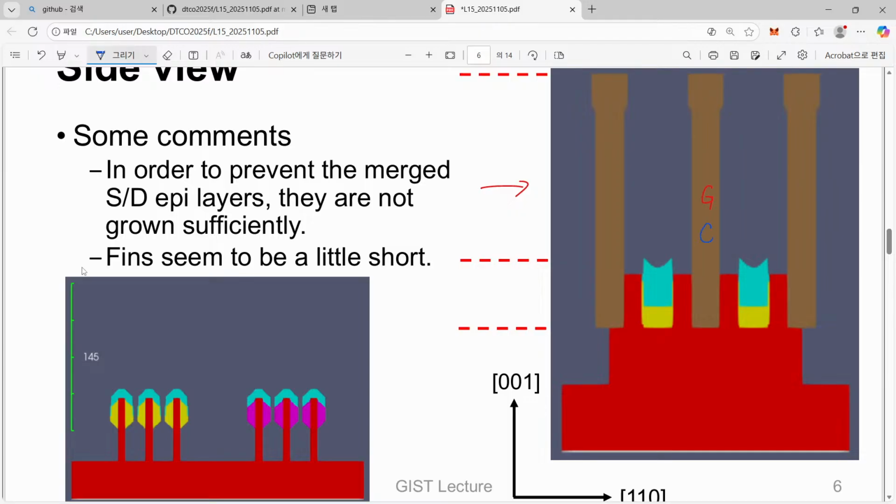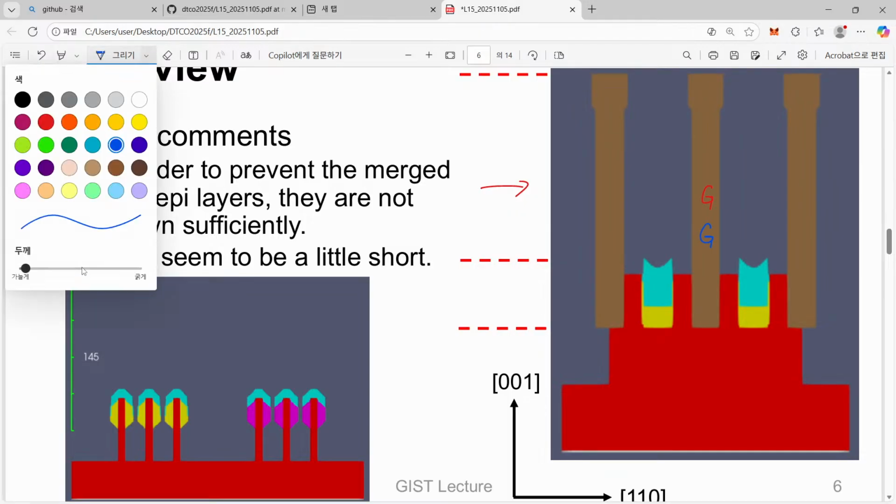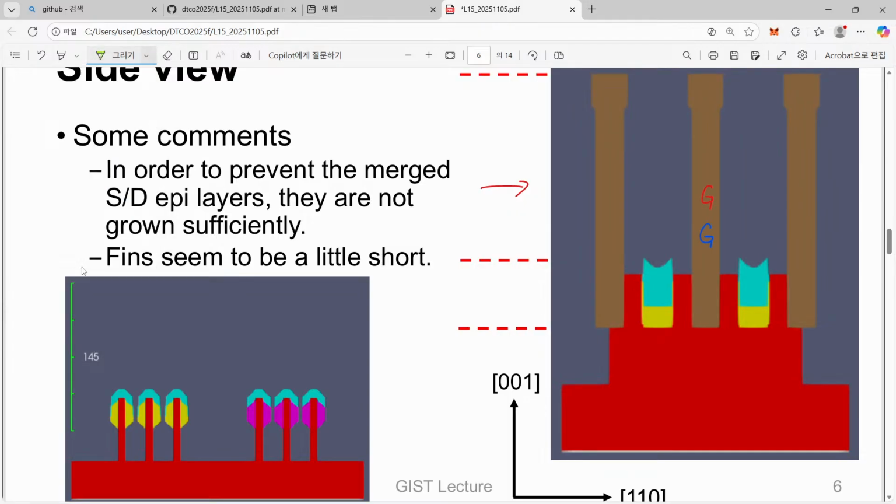This is corresponding to the gate, the real gate of our inverter.